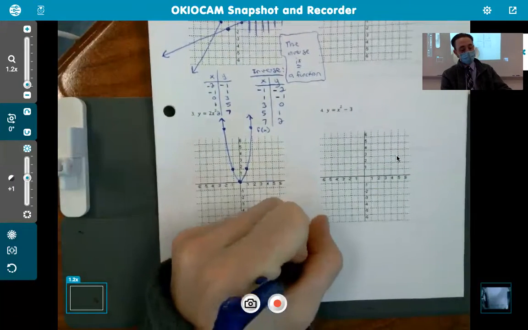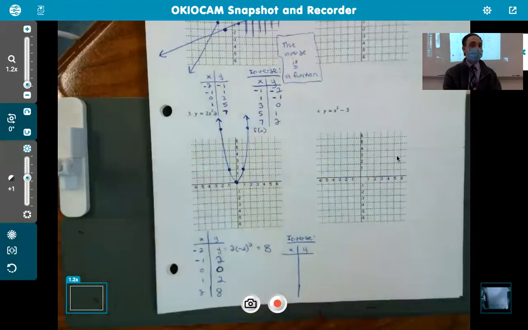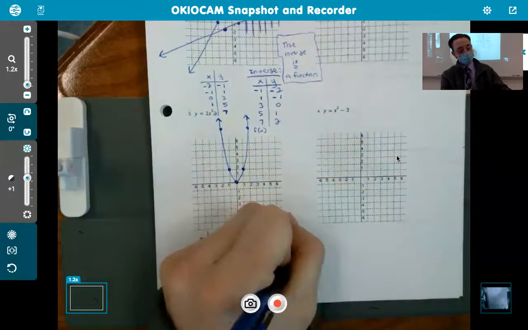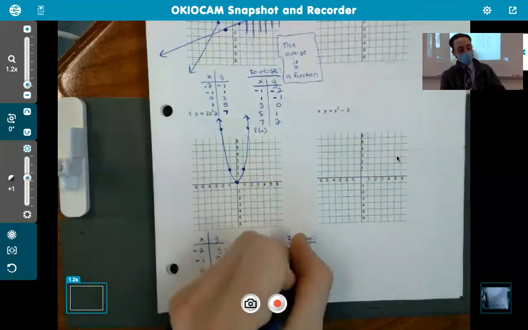Very similar question as before. What do I know is going to be different about the table of values for the inverse? It's going to be the opposite, right? My x's and my y values are going to flip-flop. So with that being said, what would my first point be for my inverse then? 8, -2. Instead of -1, 2, I'll have 2, -1.